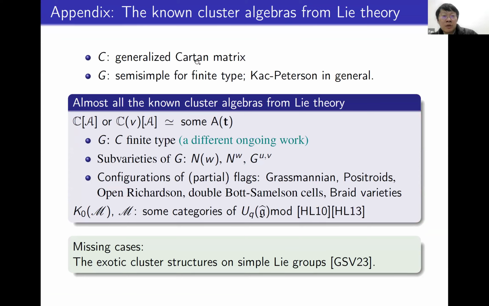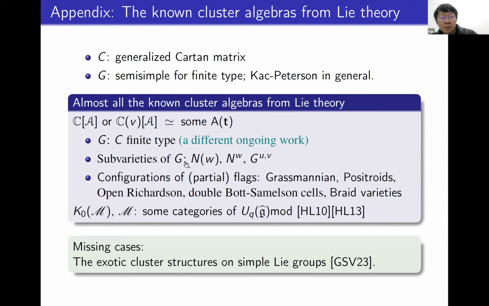So assume that C is a generalized Cartan matrix and G is semi-simple in the finite type, and Kac-Moody in general. Now here, this block contains all the cluster algebras that are covered by our main theorem. So your cluster algebra should come from the coordinate rings of some Lie theoretic varieties, where this variety is a Lie group G in the finite type. This is an ongoing work which does not exist in the literature yet.